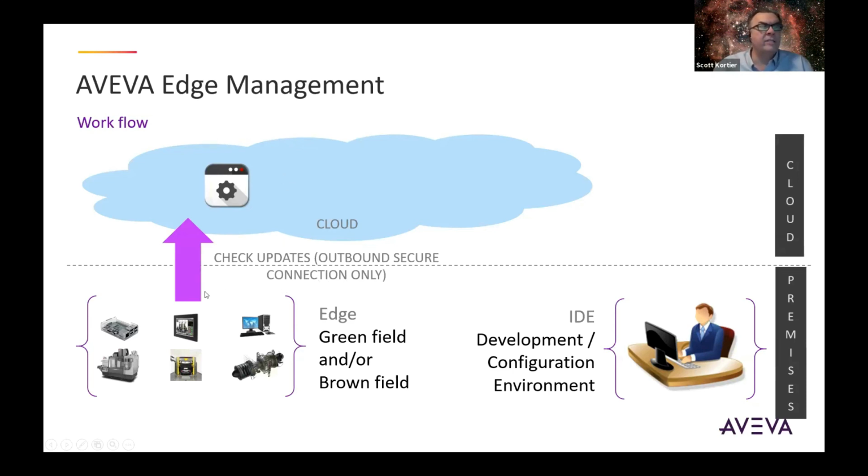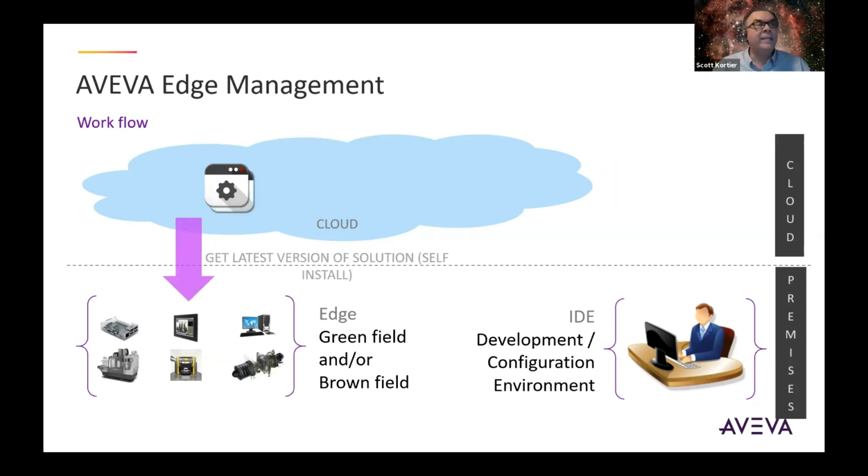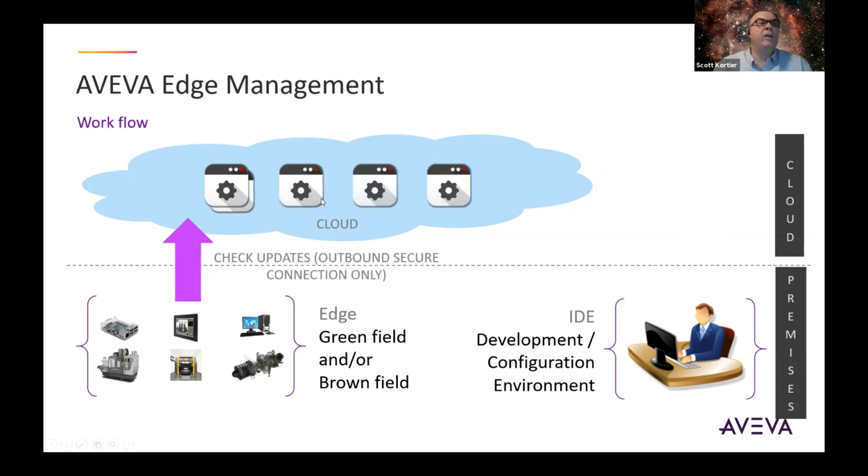You don't want anything from the outside pushing its way in, but if it asks for it from the inside out, that's okay. You push your project up to the cloud, and then the devices can install the latest version, both of the project and of the runtime. And then you have the ability to update that very quickly. Even if you have multiple different projects, your applications can go get those as needed.